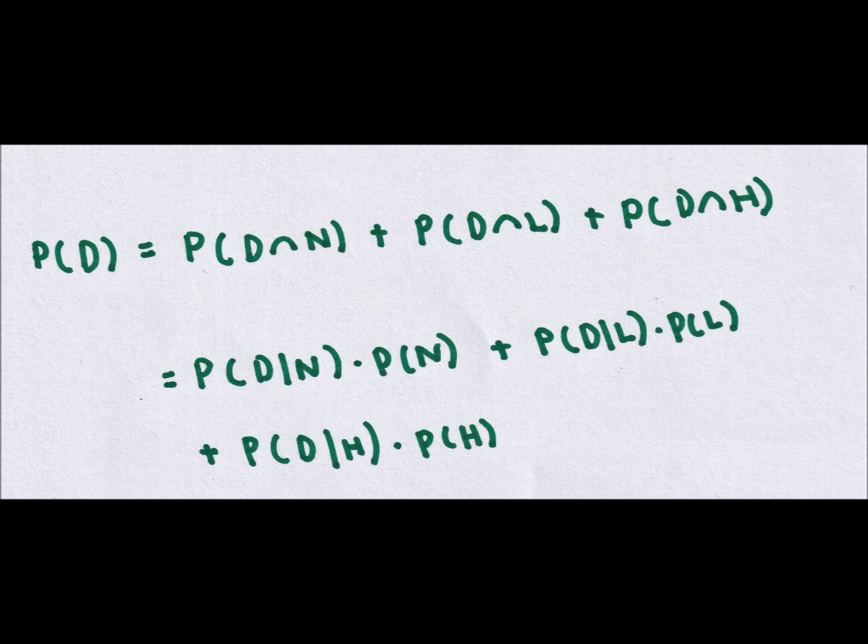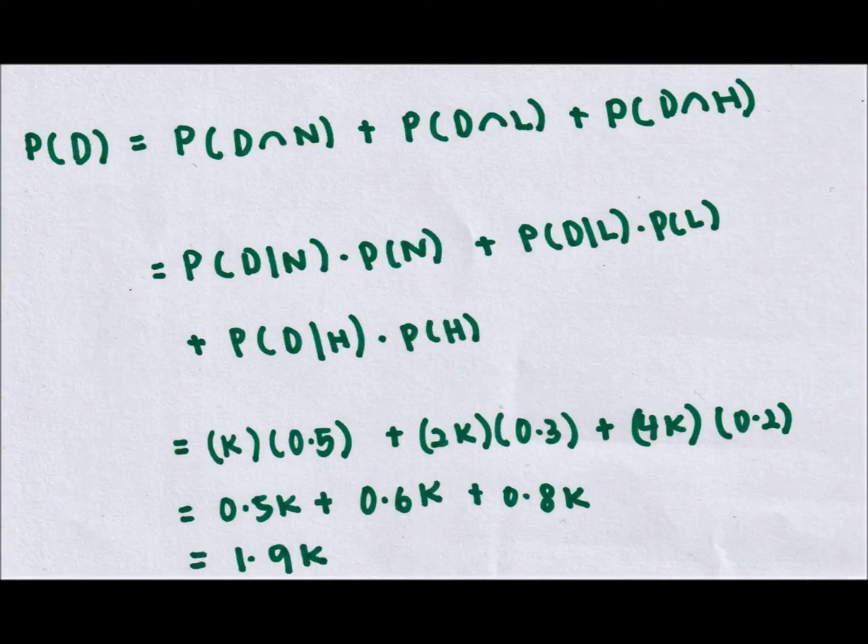So we expand the equation to the probability of die given non-smokers times the probability of non-smokers, plus the probability of die given light smokers times the probability of light smokers, plus the probability of die given heavy smokers times the probability of heavy smokers.